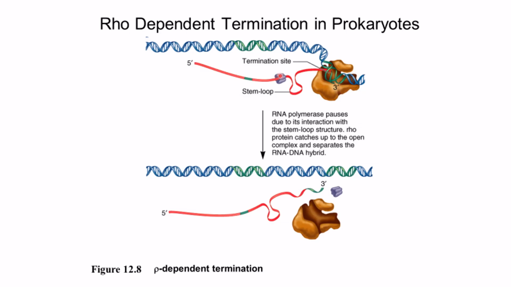As soon as the rho protein travels from the 5' end to the 3' end of that RNA molecule, all the components of the transcription mechanism, that is the DNA, the section of RNA which is hybridized with the DNA, that is RNA, the rho protein and the RNA polymerase, they all get separated from one another, resulting in termination of transcription.